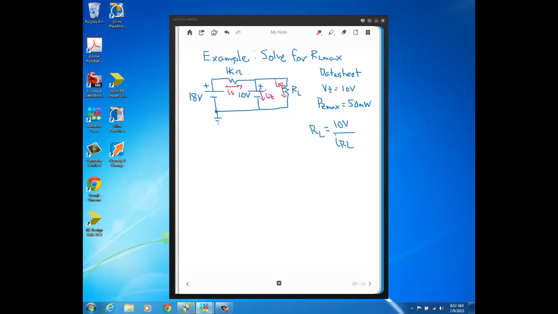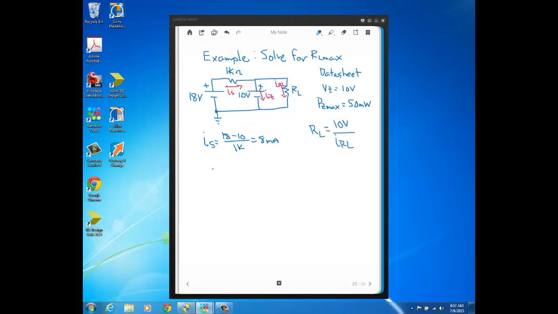Once we get IRL, we can go ahead and calculate what RL max is going to be. So let's get IS. Remember, IS is a constant amount as RL changes. IS in this problem is just going to be 18 minus 10 over 1K, which is 8 milliamps.